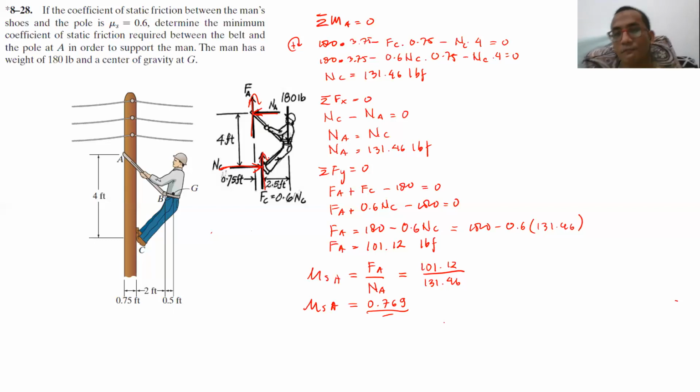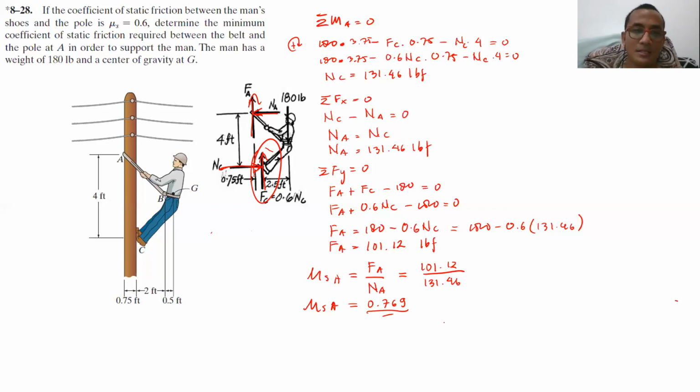But remember, the friction force there is supposed to be 0.6 multiplied by the normal force. Why is it like that? In order to make the coefficient of static friction at the belt a minimum, we have to make sure that at this point, because it is going up as well, the friction force is maximum.